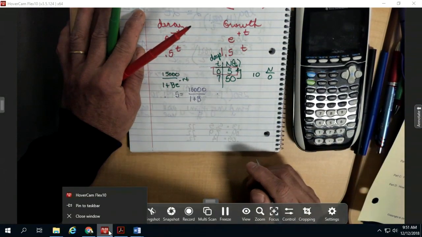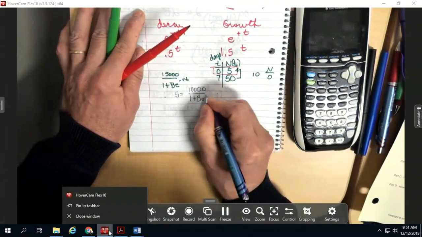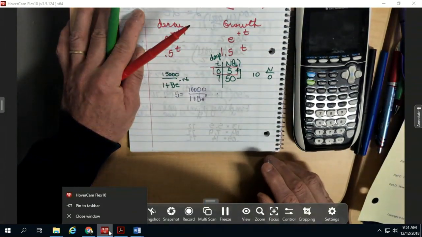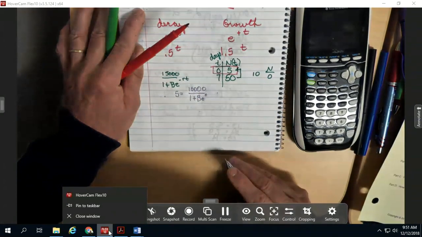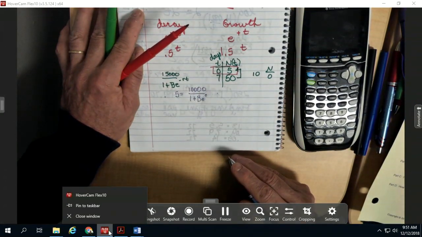But we do know this: E is going to be to the 0th power. Why? Because if t is 0, it doesn't matter what r is.